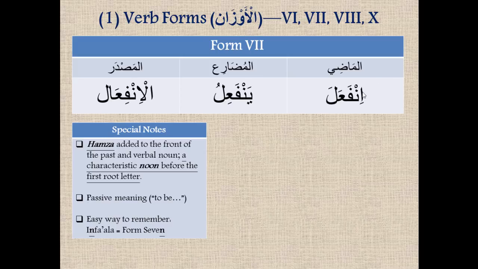So we have a hamzatul wasl, infa'ala, infi'al. And also we've added a characteristic noon before the first root letter. So in all 3 cases, in the madi, the mudari, and the masdar, we have a noon. Infa'ala, yanfa'ilu, al-infi'al. So an easy way to remember form 7 is to use a certain shortcut.